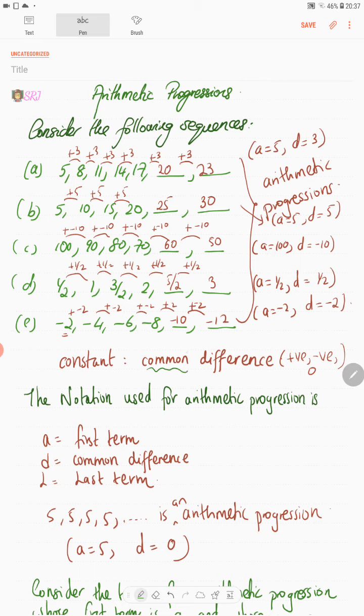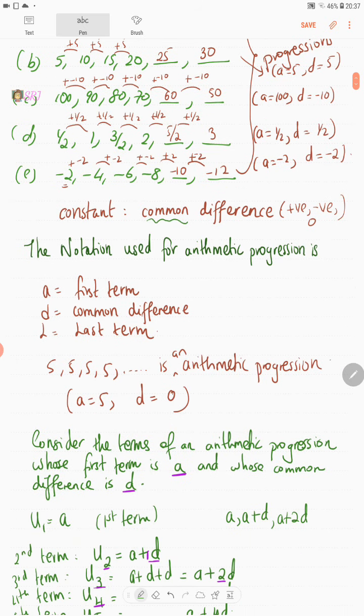It is common everywhere. And then for the notation, we use a to denote the first term and d to denote the common difference. And the common difference can be 0, negative, or positive. And for the last term, we use l.